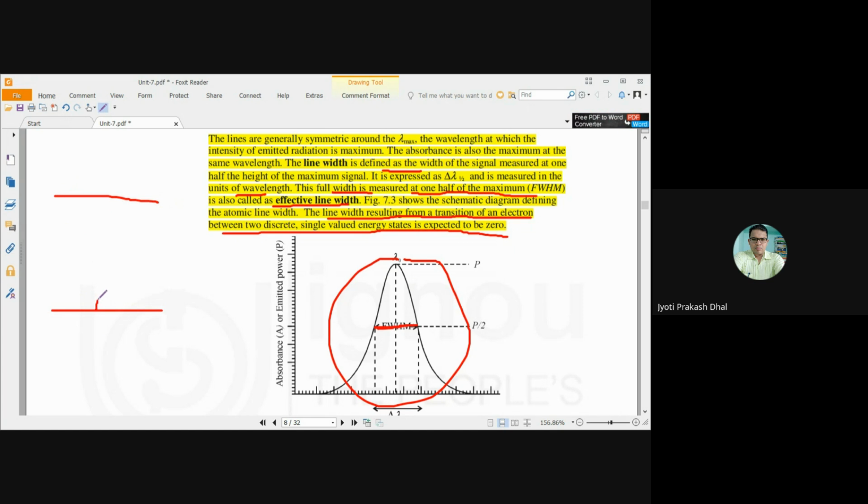If the electron undergoes transition from lower to higher state, and again undergoes emission from higher to lower state, then this will give rise to absorption spectra, and this will give rise to emission spectra. The corresponding absorption or emission spectra will be a very sharp line, and in that case the FWHM will be considered to be 0.